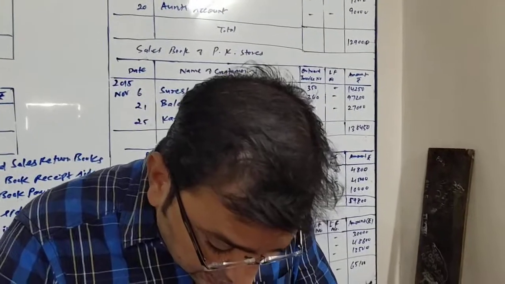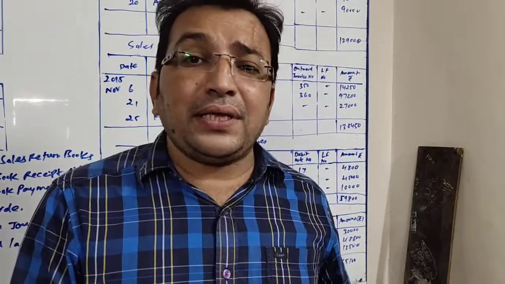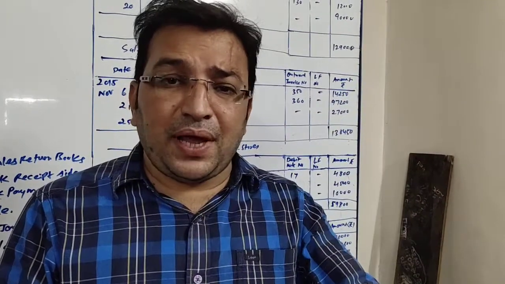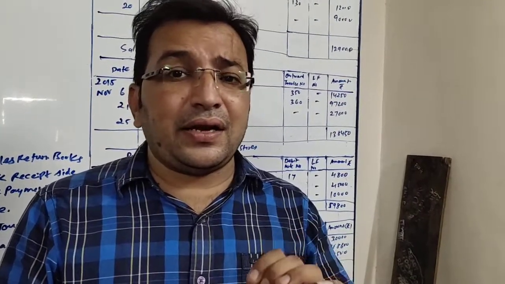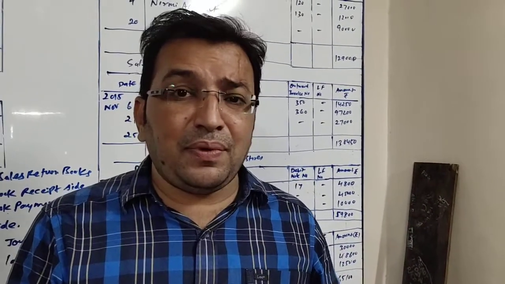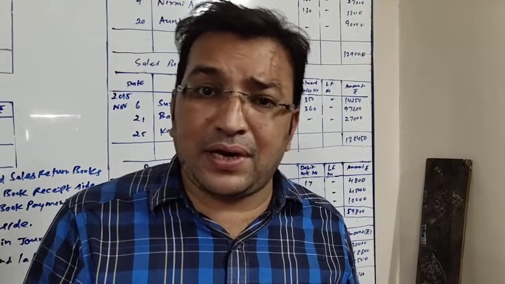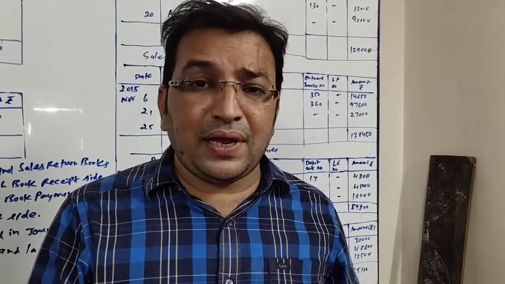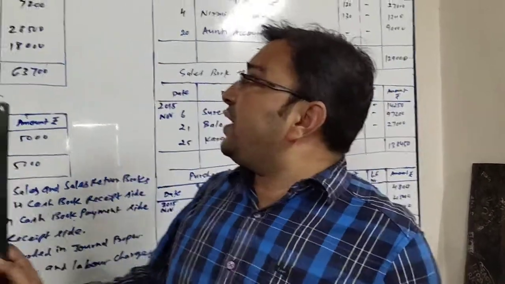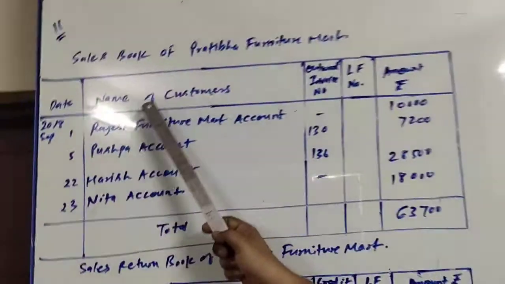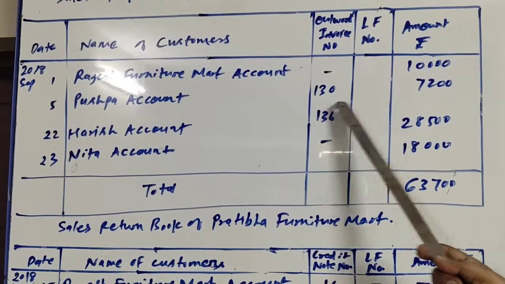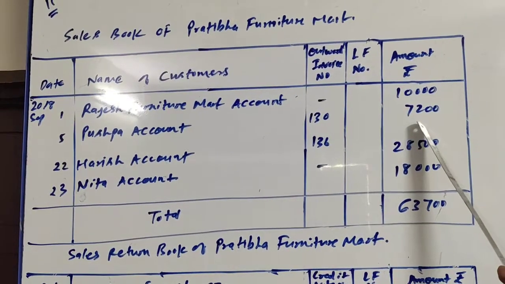First of all, we have to ignore cash discount; only trade discount will be applicable. 8,000, 10% is 800; deducting 800, we get 7,200. So in the sales book, Pushpa account, bill number 130, 7,200 is the amount.